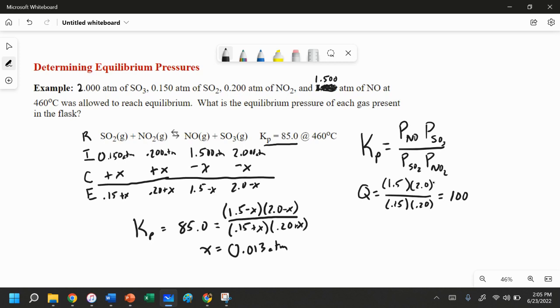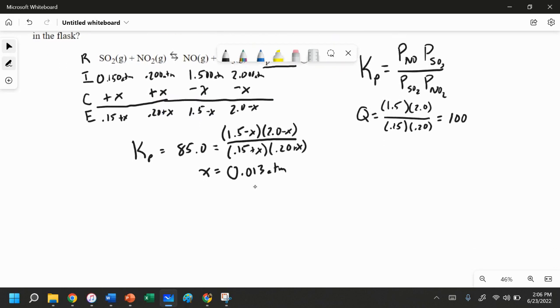So now we've got X, and that will allow us to solve for the equilibrium partial pressures for each of our substances by plugging X into each of our equilibrium pressures at the bottom here. So let's go ahead and do that.